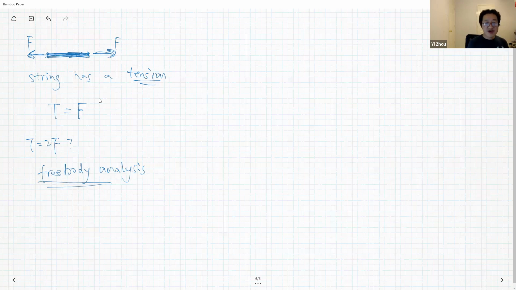So in here, if we treat the string as one object, it has a force to the left and a force to the right. Okay, good. a equals 0. The string is not moving, right? Usually in a problem, a string will be stated as a massless string. So do you know why we want to state a massless string?